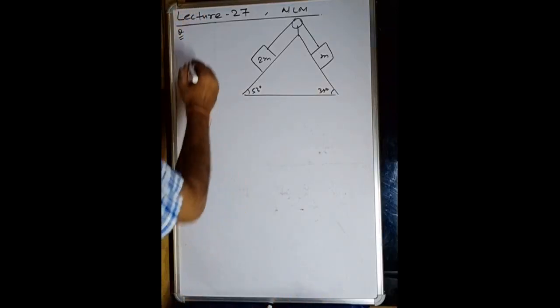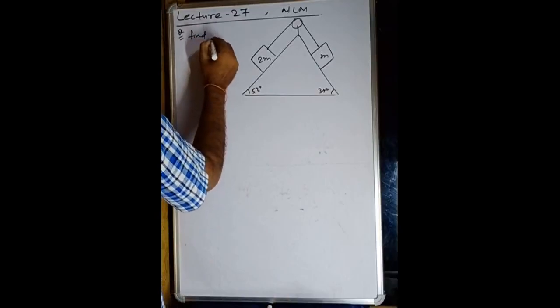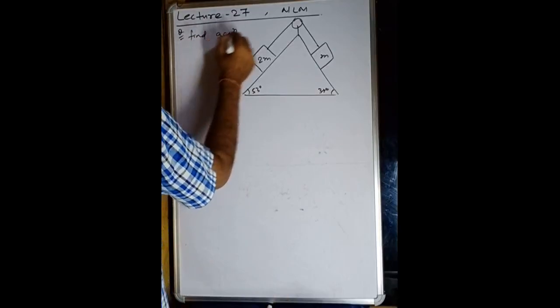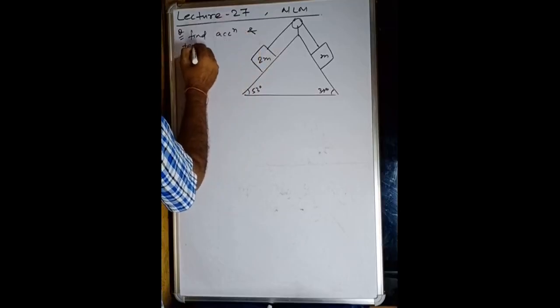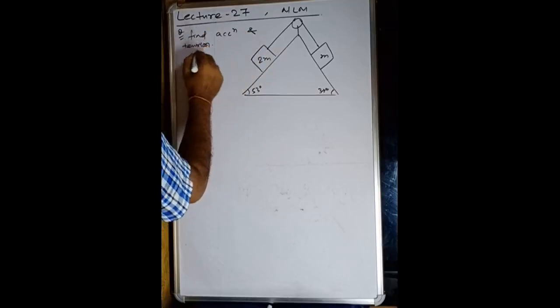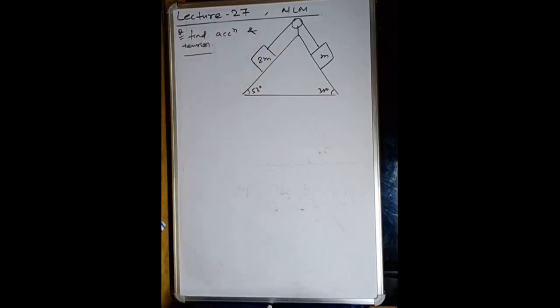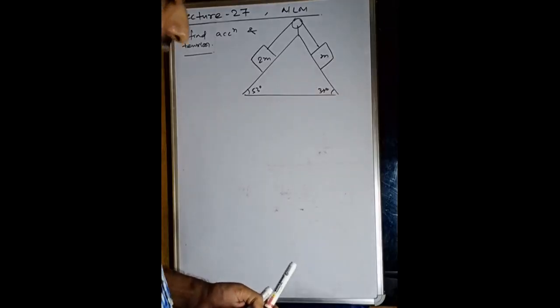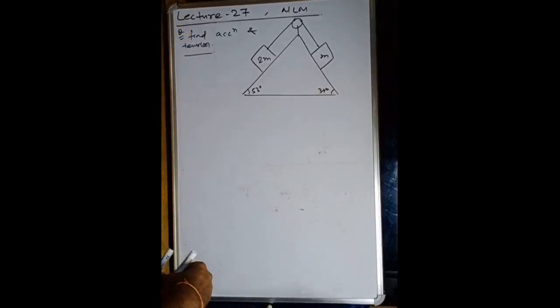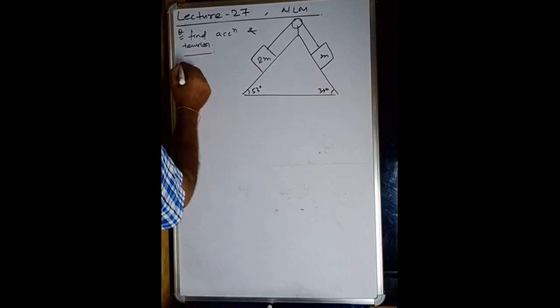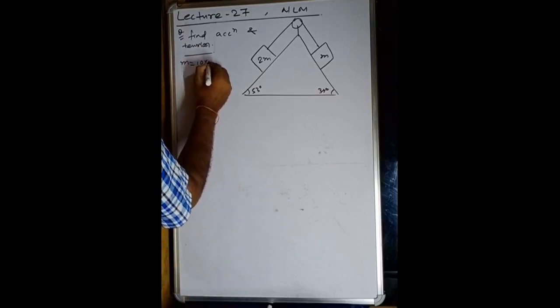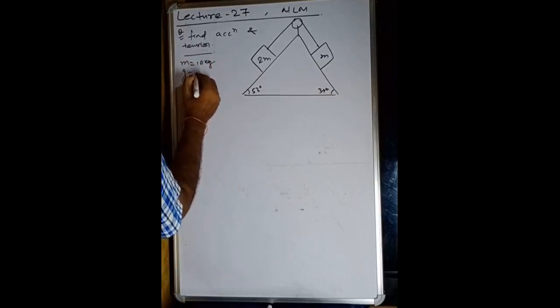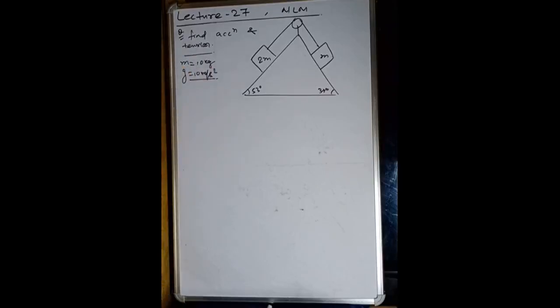What we have to find: acceleration and tension. This is the question. Let me solve. What is given? The value of m is 10 kg, and g you have to take as 10 meter per second square. Nothing more you have been given.